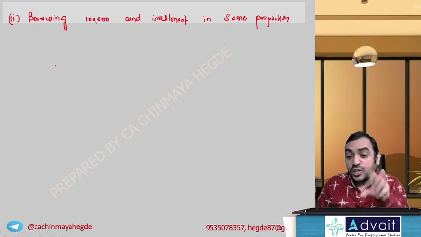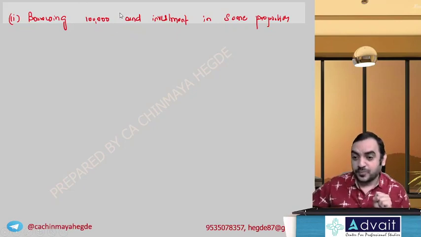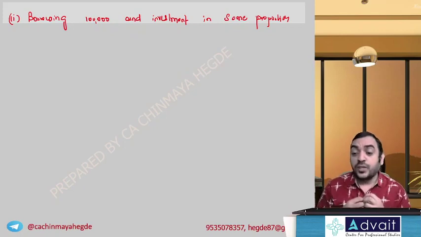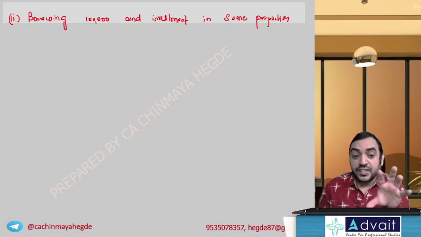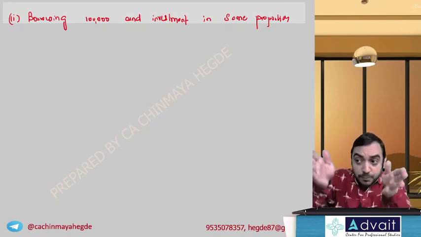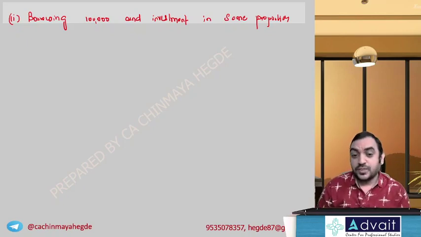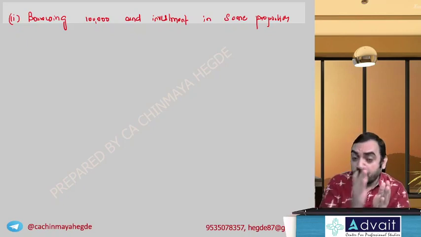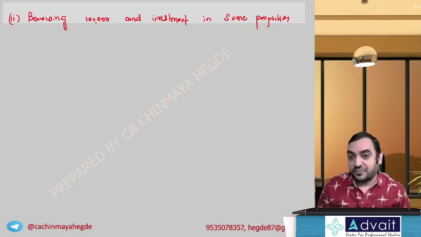Earlier you had 1 lakh, and how did you invest? 1,50,000 and minus 50,000. Now you got 1 more lakh, and in the same proportion you invest. It means you invest in the ratio of 1.5 is to minus 0.5.